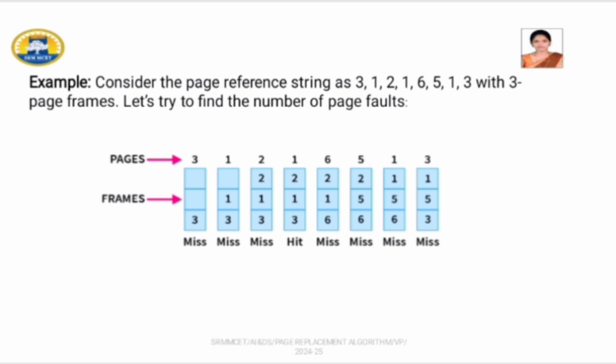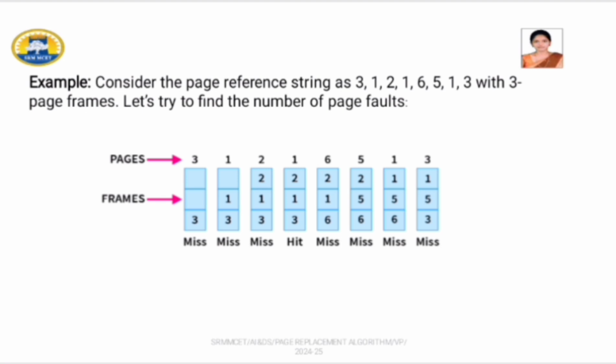Next, the CPU demands the next reference string, page 1. It is already present in the memory, so there is no need to replace anything. This is called a hit. Then the next reference string is 6. 6 is not in the main memory, so it replaces the oldest page, which is 3. Then the reference string is 5.